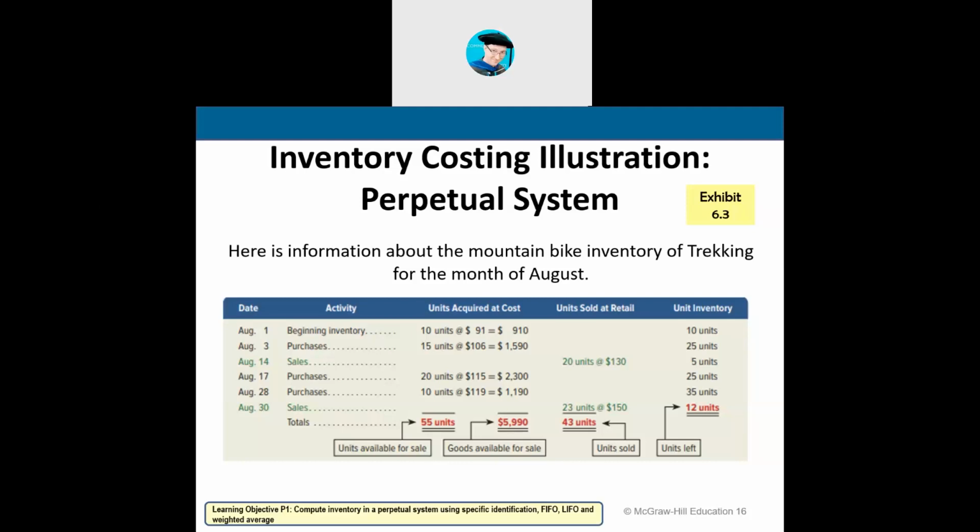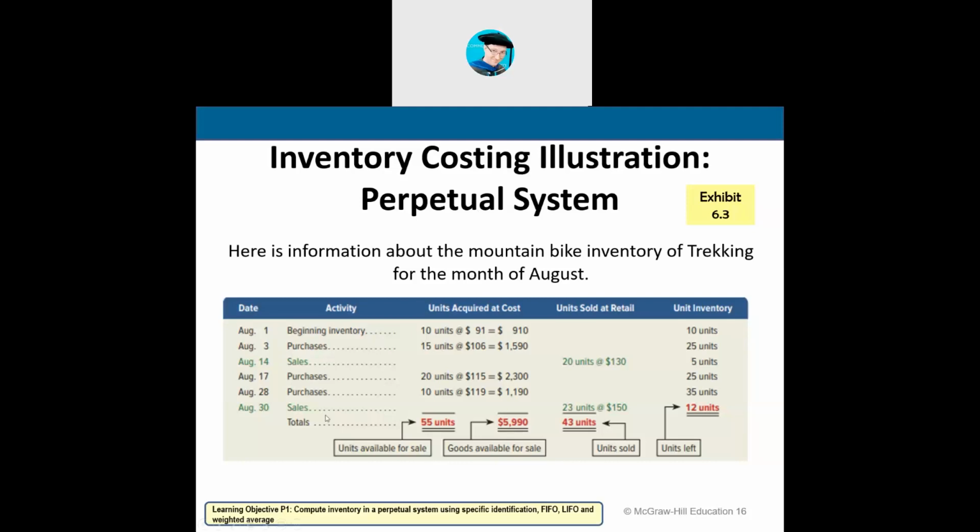Cost of goods available for sale: we add up all of our purchases plus our beginning inventory. Units sold, we add up all the units that we sold. Units left, that's what's left at the end of the month in inventory.